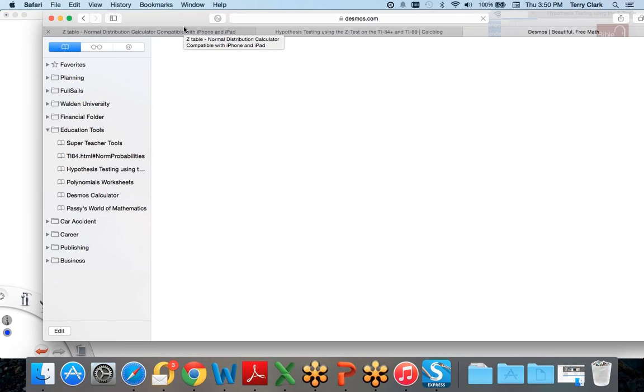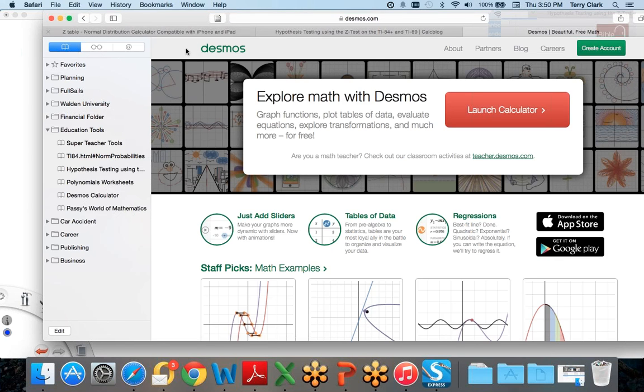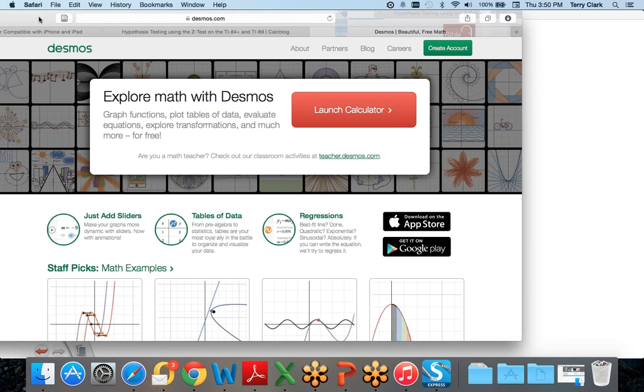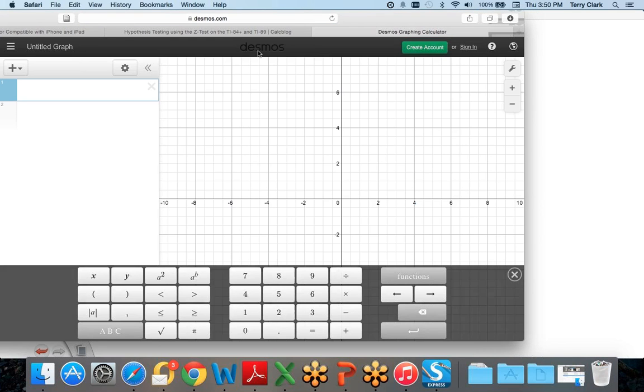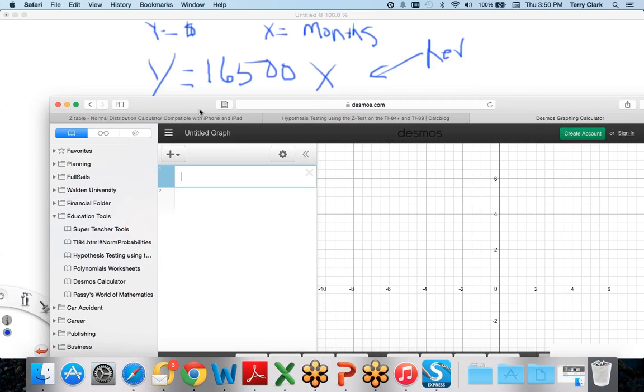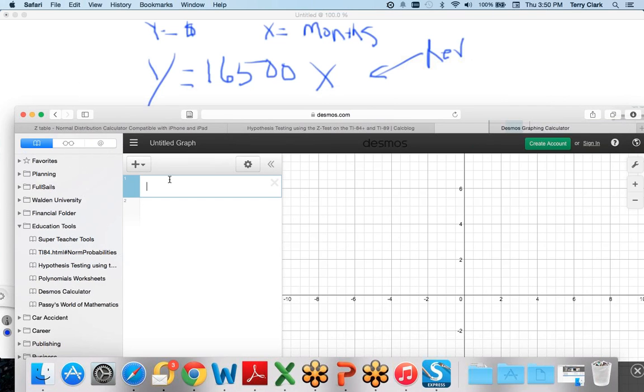It's sort of like a graphing calculator. All right. So my first function I said was going to be y equals 16,500 x.